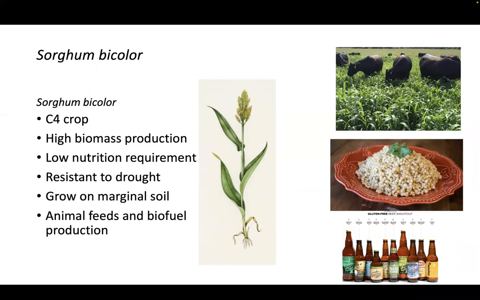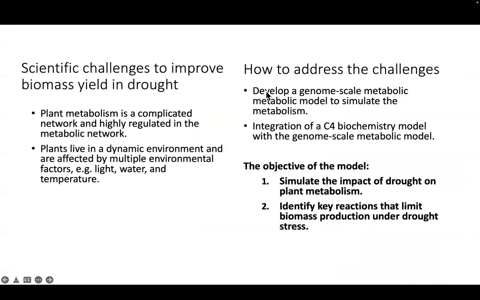And in this project, we are trying to improve the biomass production in limited water conditions. But there are scientific challenges to improve biomass yield in drought, because we don't understand very well about plant metabolism.